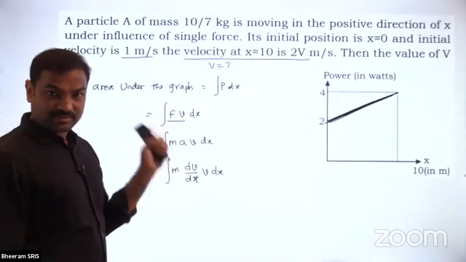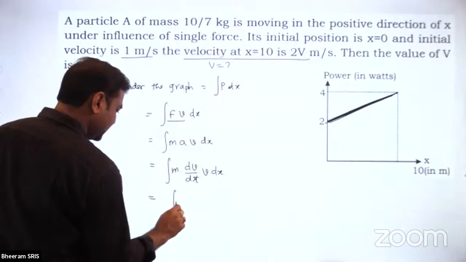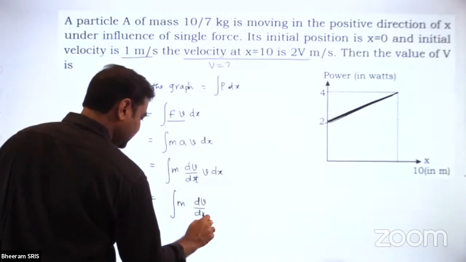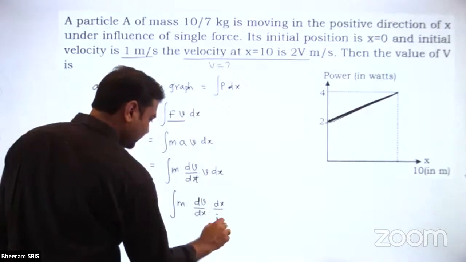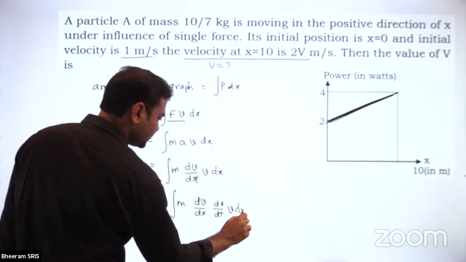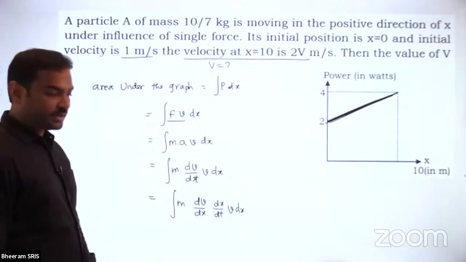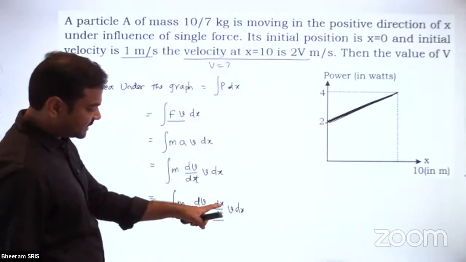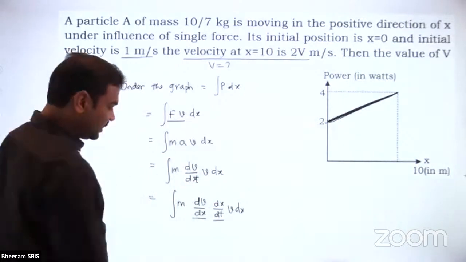Same as the previous power question, okay? So then integral m into dv by dt, I can write down dv by dx into dx by dt into v dx. Okay? So dv by dx into dx by dt into v dx. dx cancels out, dv by dt you will get.